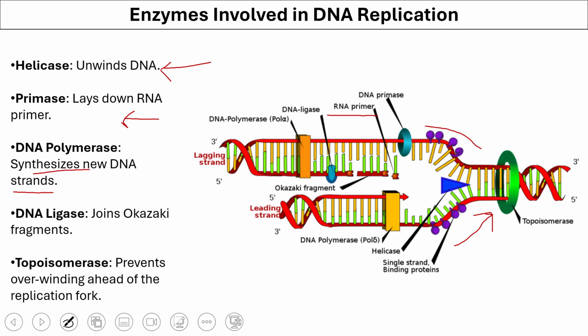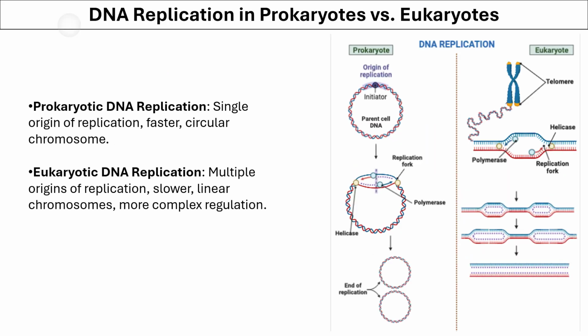After the completion of replication or elongation of these strands, the smaller Okazaki fragments are joined together with the help of DNA ligase. And enzymes like topoisomerase or single strand binding protein stabilize the unwinding and prevent the two strands of DNA from winding again during the process of replication.